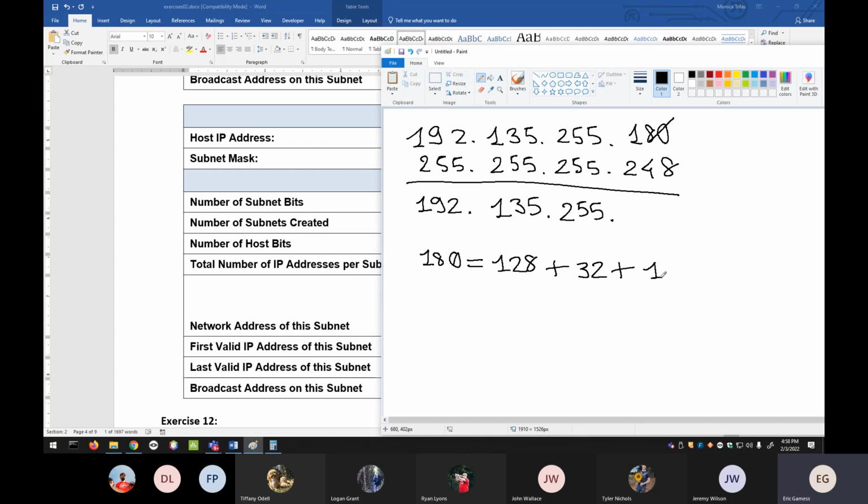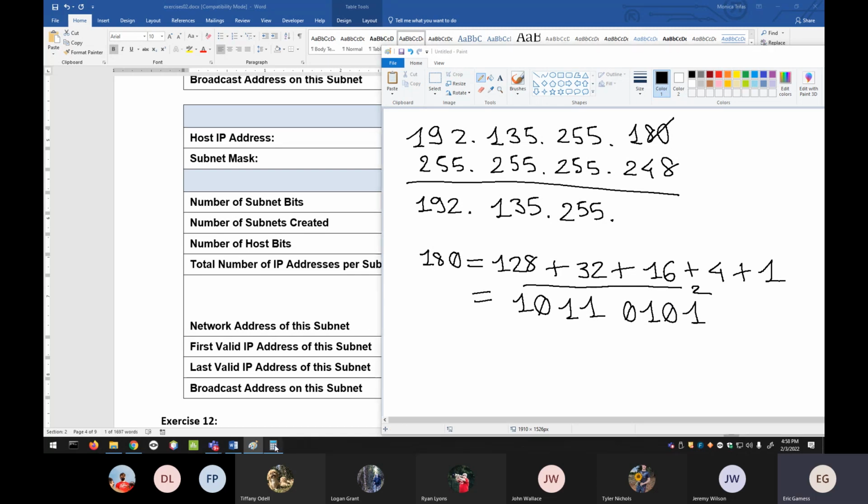And 20 is 16 plus 4. Do you agree with that? So 128 is there, 64 is not there, 32 is there, 16 is there, 8 is not there, 4 is there, 2 is not there, 1 is not there. So that's the binary of 180.